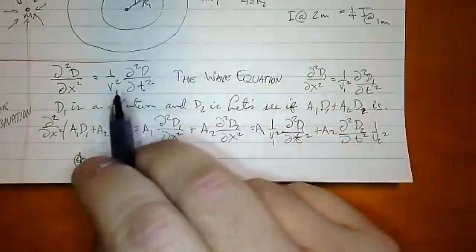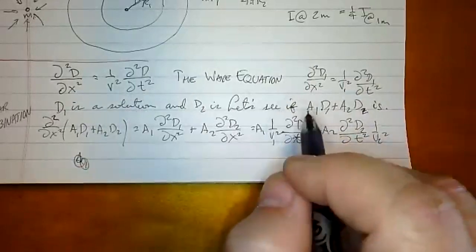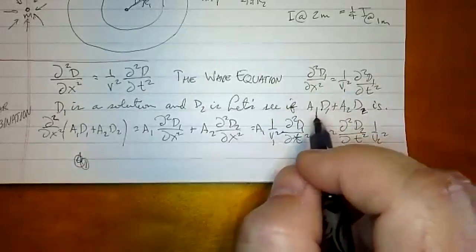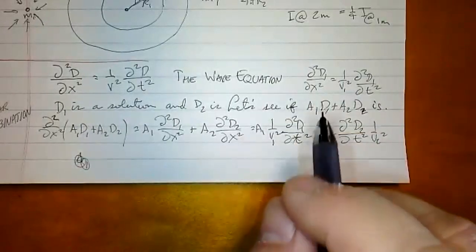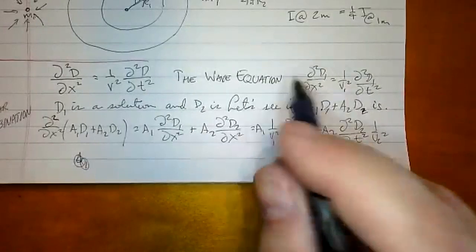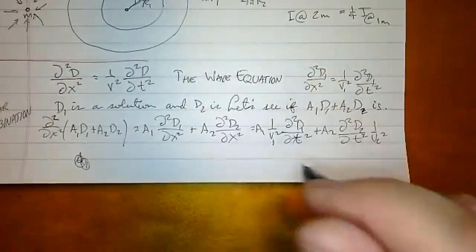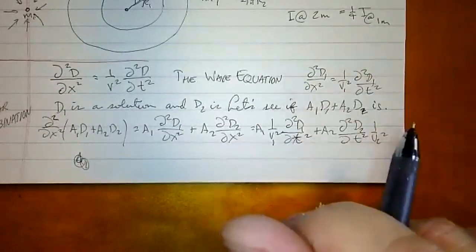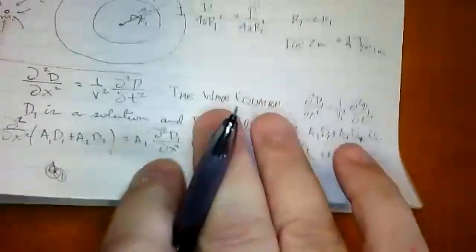And anytime you find a solution to it and another solution to it, you can add those two solutions together and even multiply them by an arbitrary constant, and you'll still get a valid answer. That's sort of the essence of the superposition principle, which just says, hey, all you have to do is take the functions and add them together, and that'll give you the right answer. So that's where the superposition principle comes from.